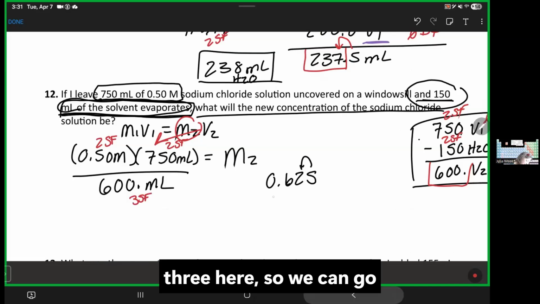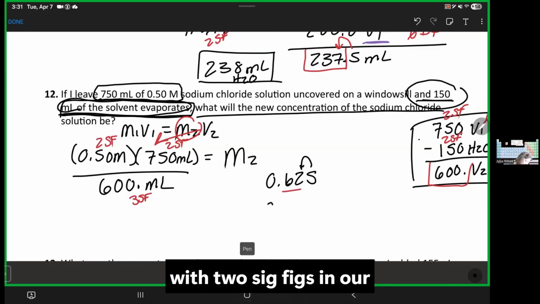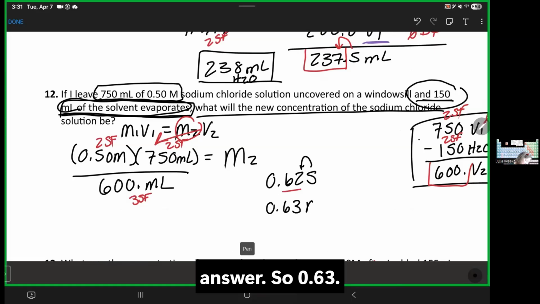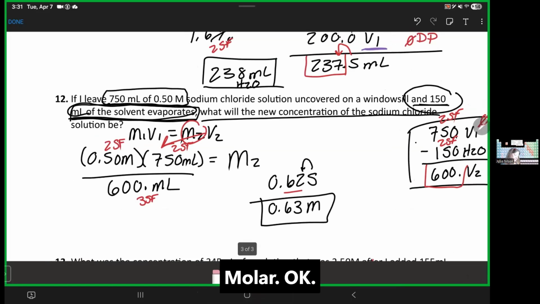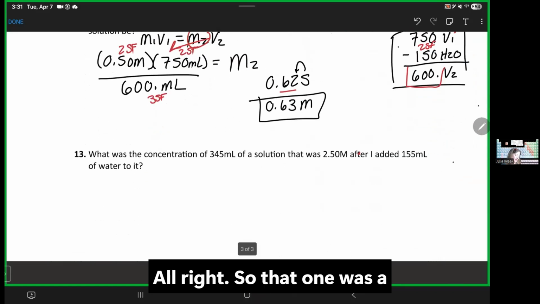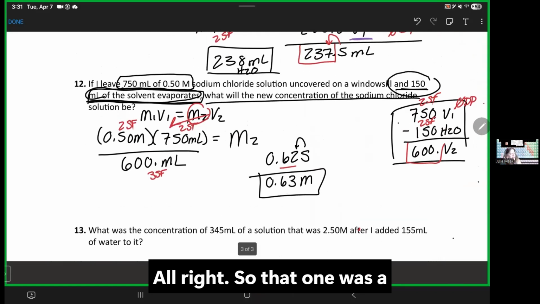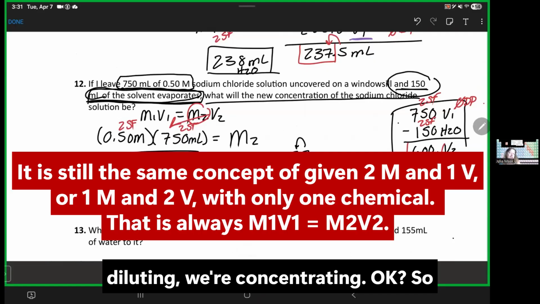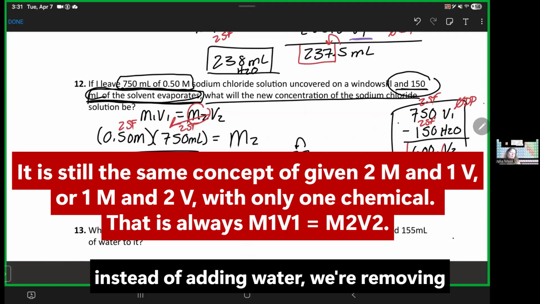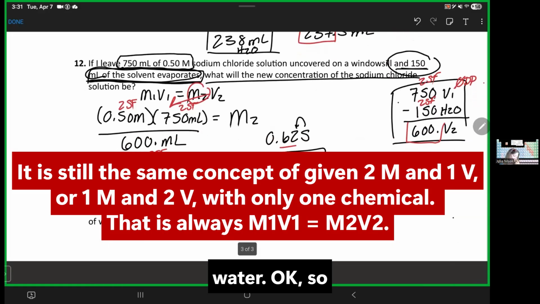So we're going to go with 2 sig figs in our answer. So 0.63 molar. Okay. That one was a little bit different because instead of diluting, we're concentrating. Instead of adding water, we're removing water.